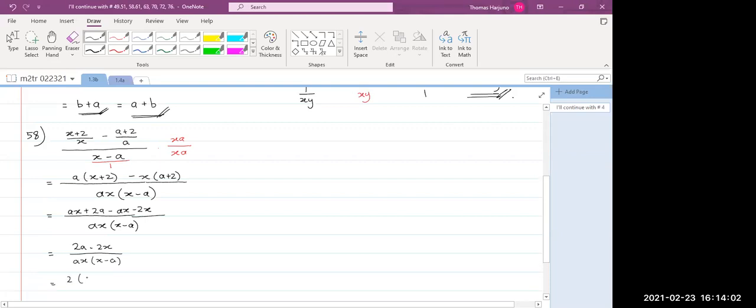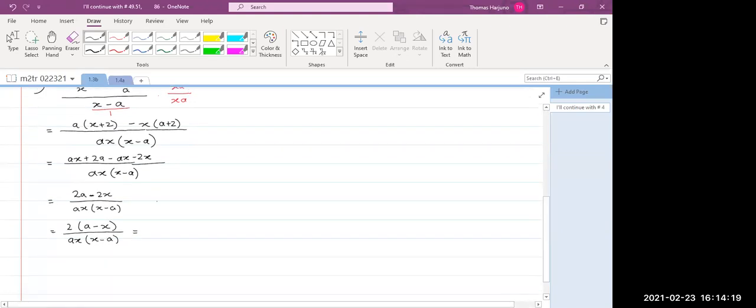So I factor the 2 times a minus x over ax times x minus a. Now notice that a minus x is the opposite of x minus a. So I can cancel these, but with one opposite. And in the end, I will get negative 2 over ax.